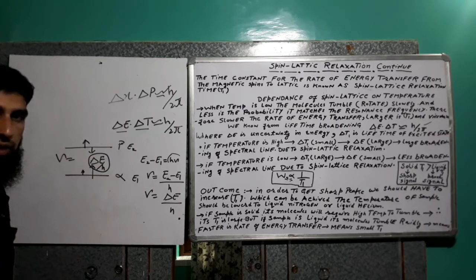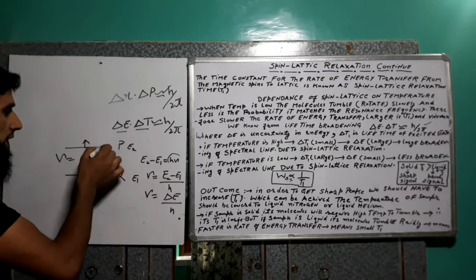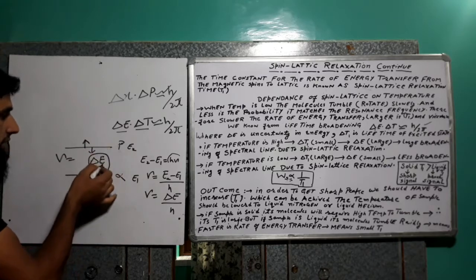Now, as per the Heisenberg uncertainty, it states that we cannot calculate this delta E value exactly. There is some uncertainty.